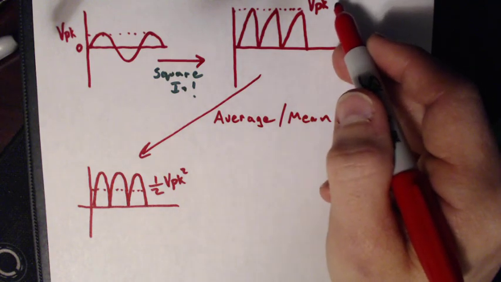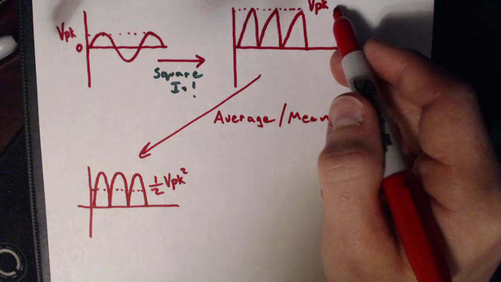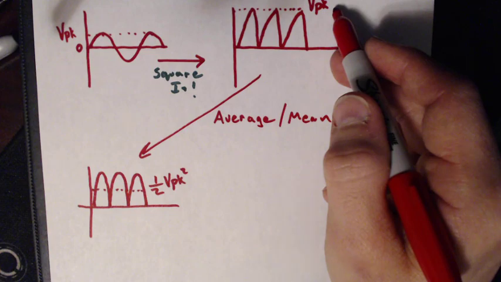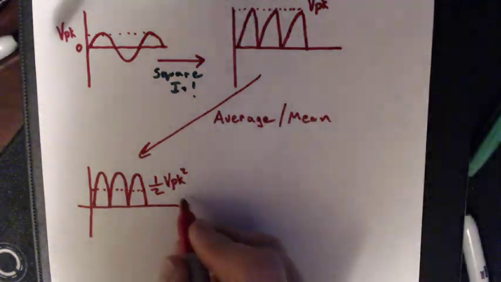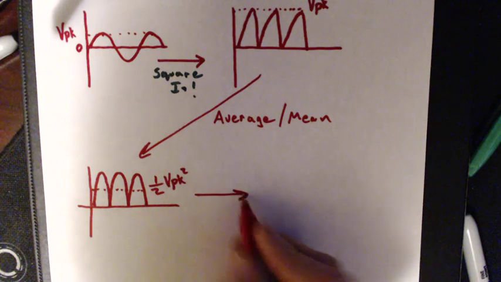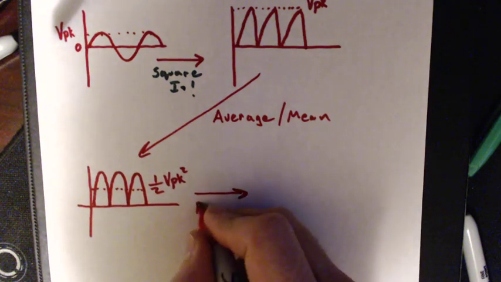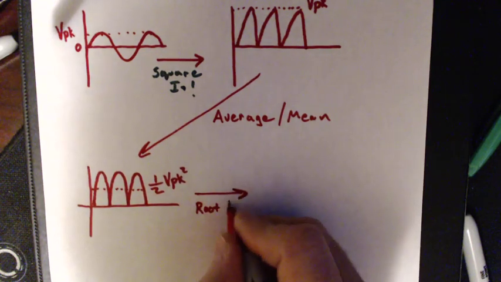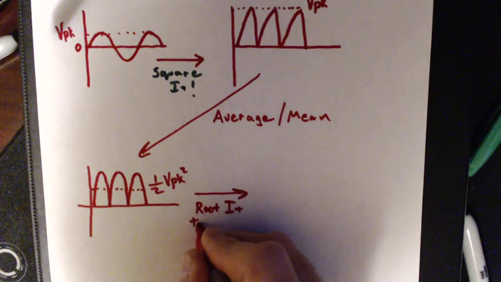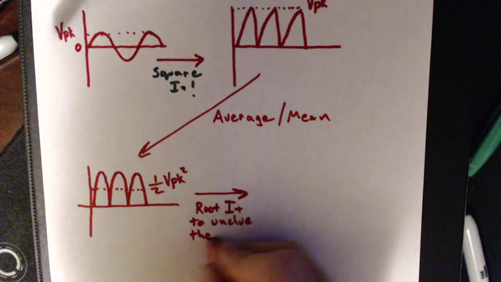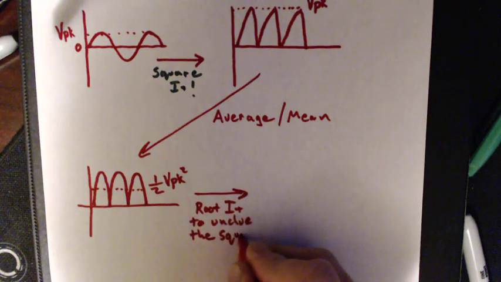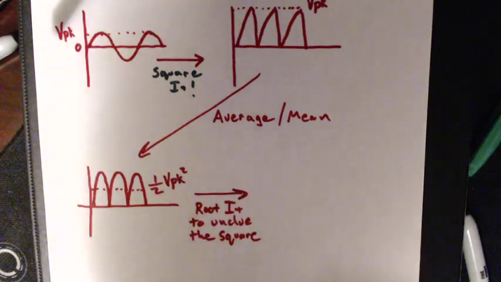So we're going to have to undo the square. Well, how do you undo a square? You take the root of it. Root it to undo the squaring procedure that we did earlier.